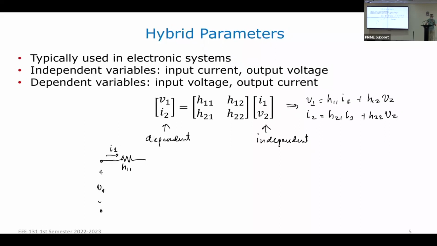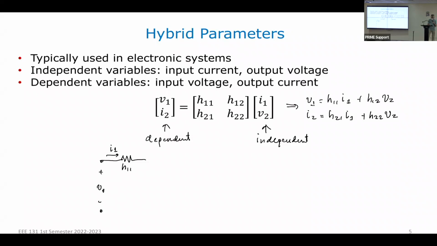Okay, your second term is external to this particular loop or mesh. Therefore, it must be a controlled source. What type of controlled source is it? Is it a controlled current source or a controlled voltage source? What specific type? It's a voltage controlled voltage source.